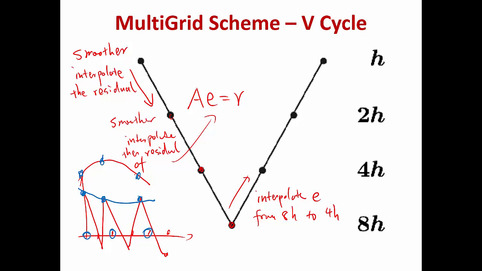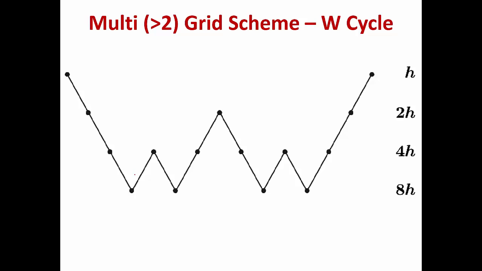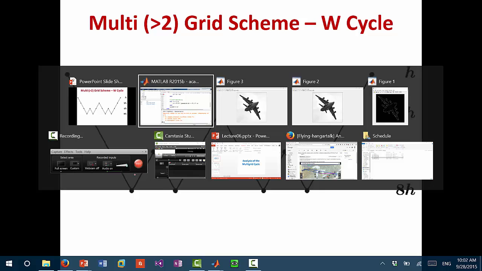All right. Okay. So this is called a V-cycle, what we have coded up. There is also this W-cycle. It looks a lot more complicated, like these kind of lines. But from a programming standpoint, it's actually very easy to change from a V-cycle to a W-cycle.